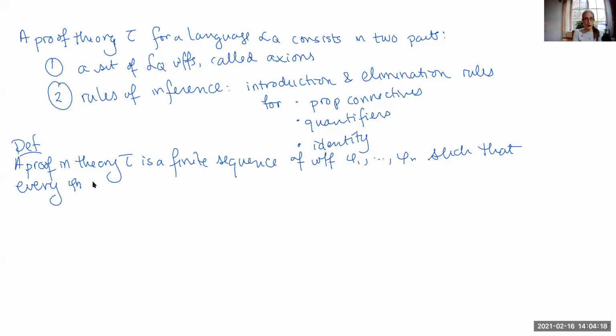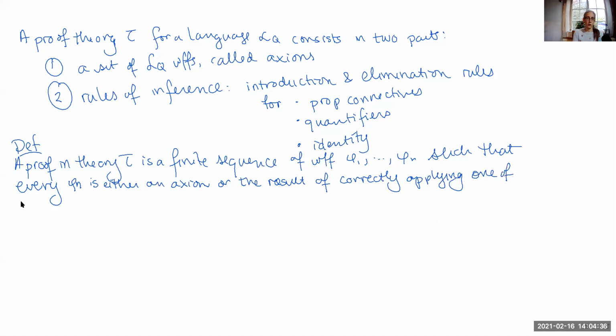Such that every one of these phi n's is either an axiom or the result of correctly applying one of our rules of inference. Now, our rules of inference, for the most part, were designed so that they made reference to things that occurred earlier in our proof. Not all of them.